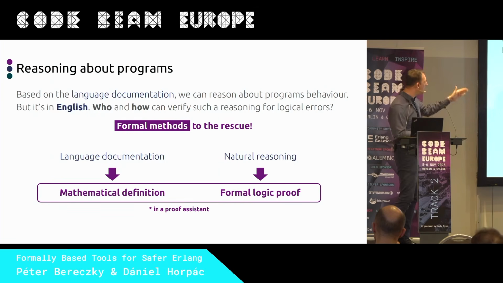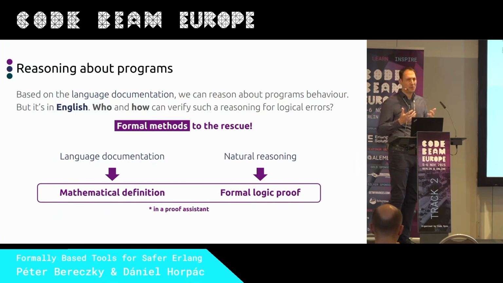So you turn your language documentation into a mathematical definition, and then you can turn your natural English reasoning into a formal proof. It's still a question who is going to check your proofs, because maybe you are human, you are writing proofs, but you make mistakes. If you do it on paper, you are very likely to make mistakes. You need other humans to catch your errors.